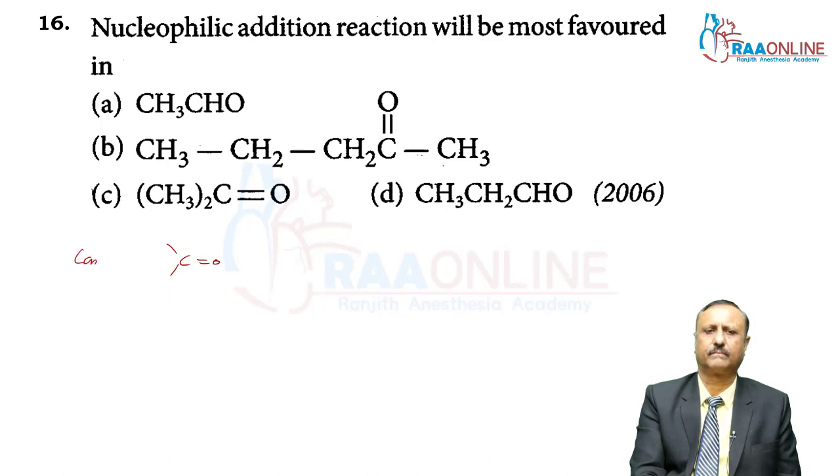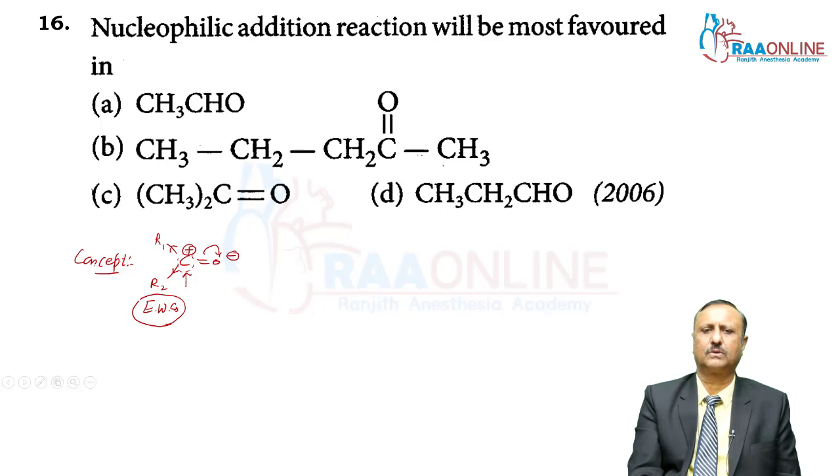The concept is that a minus charge is present here and a plus charge is present here. When the plus charge is more, meaning the carbon atom is more electron deficient due to the attachment of electron withdrawing groups, or groups which are electron attracting, then this carbon is electron deficient and nucleophilic addition is favored.